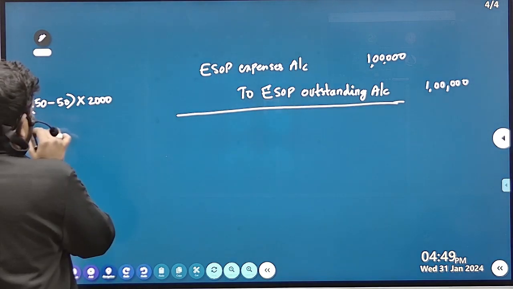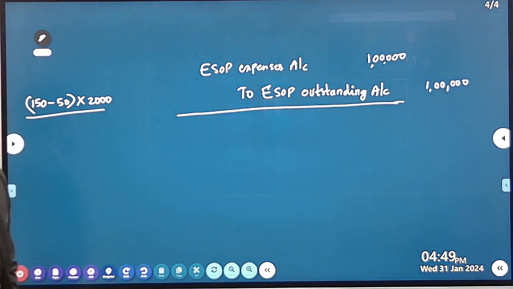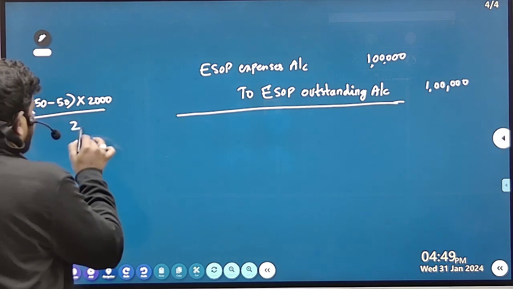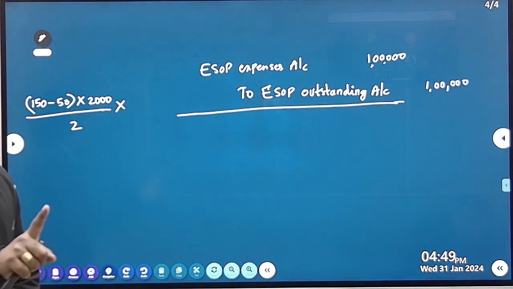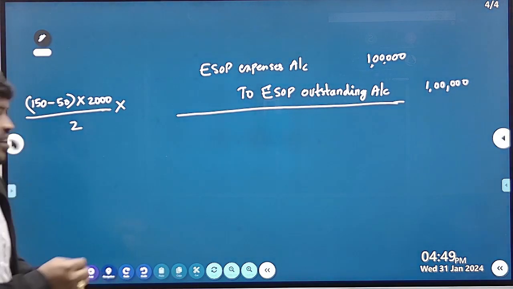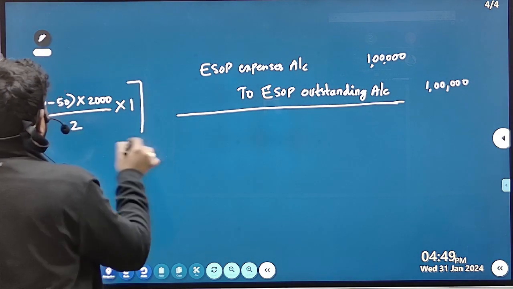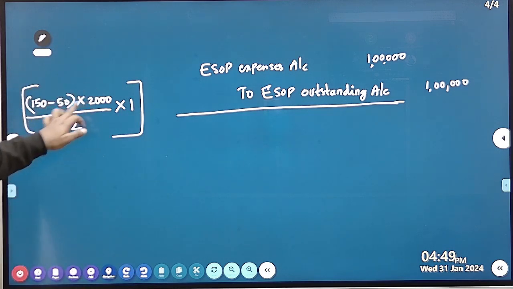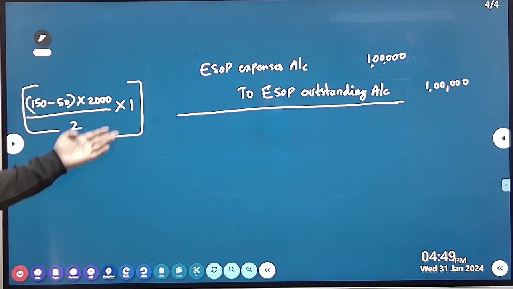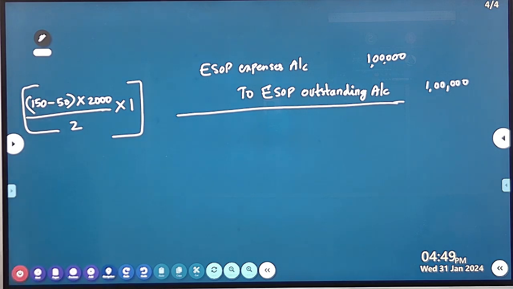This total loss is for how many years? 2 years. In the current year, how much loss should you recognize? Half. Indirectly 1 year into 1. Check the calculation here. 2 lakhs. Yes. Divided by 2 is 1 lakh. Into 1 is 1 lakh. Clear? Understood? Understood? 1 lakh.